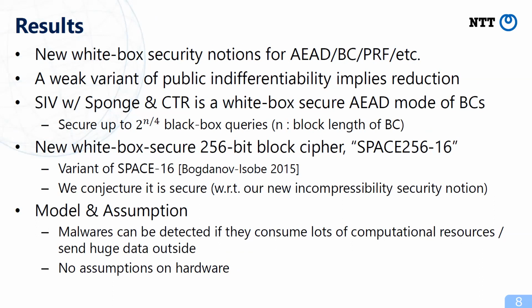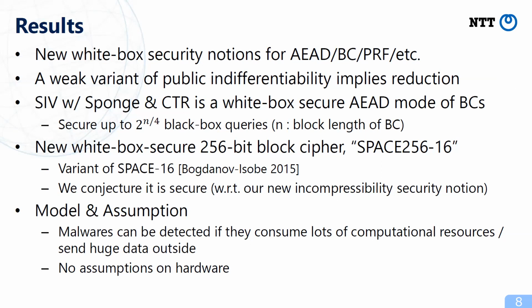And fourth, we also introduce a new white box secure wide block cipher, I mean a 256-bit block cipher, which we name SPACE 256-16. This is a variant of the SPACE block cipher introduced by Bogdanov and Isobe. And we conjecture that this block cipher is secure with respect to our new security notion for block ciphers.